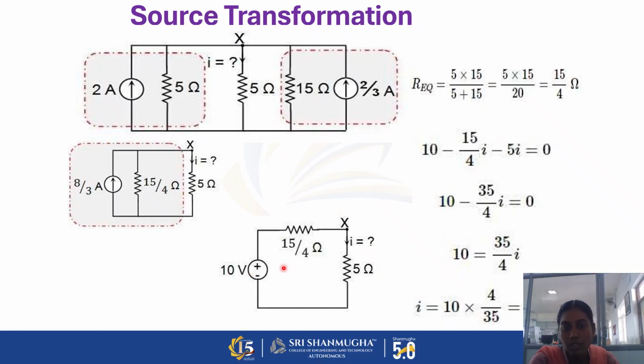So we have the 10 volt voltage source, 15 by 4 resistance, and 5 ohm resistance. The current passing through the 5 ohm is the same as the current passing through the 15 by 4 ohm resistance, so the current through the entire loop is the same. By using KVL, Kirchhoff's voltage law, we can calculate the I value.